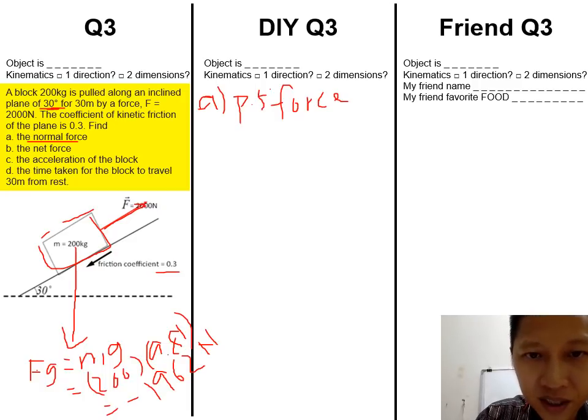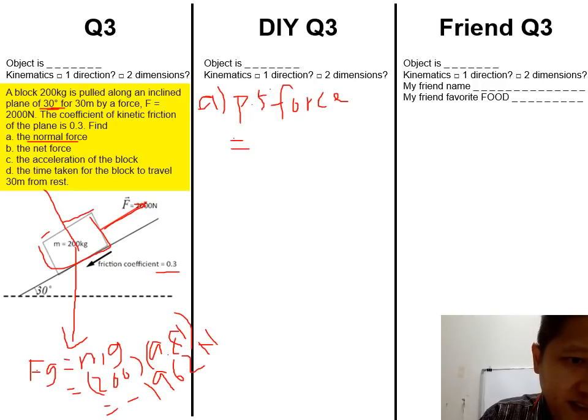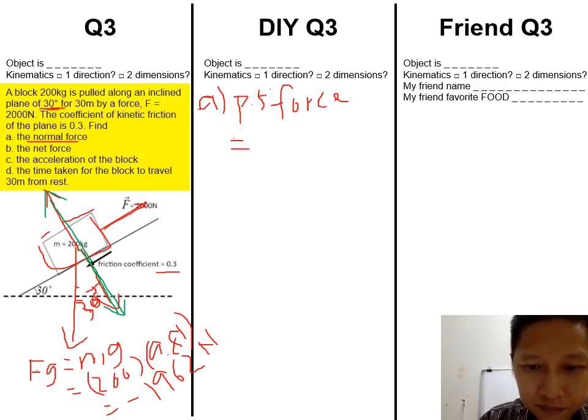But because the normal force is 90 degrees to the surface here, if we can resolve it and find the so-called opposite force to this green line here, then we can find the normal force.